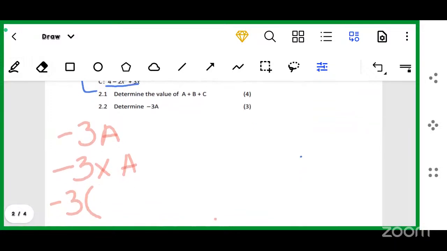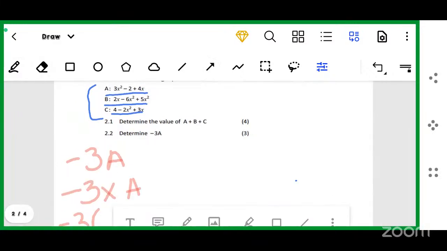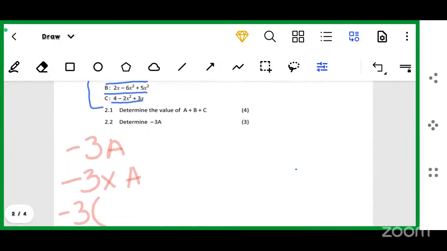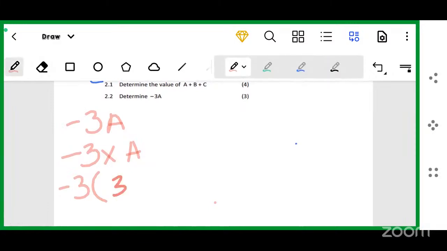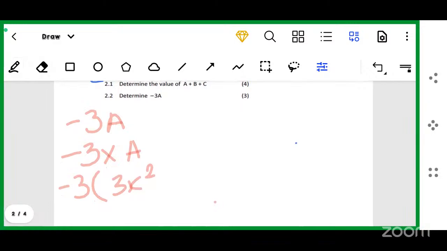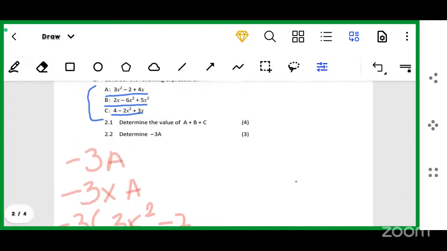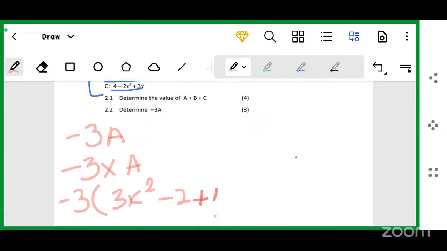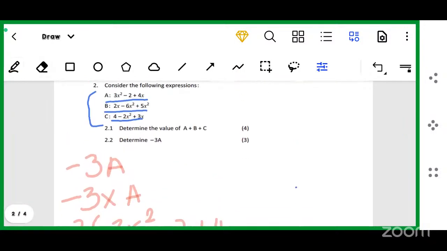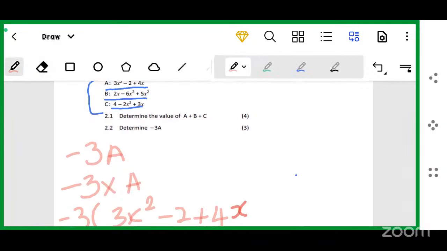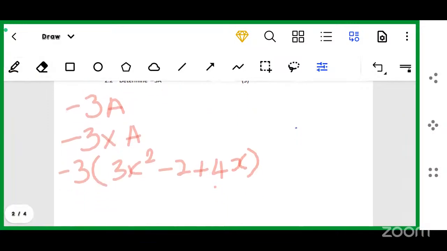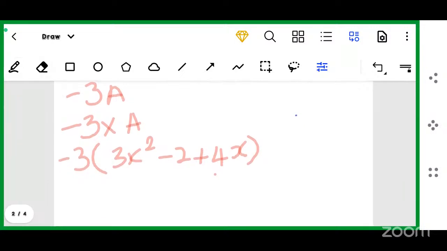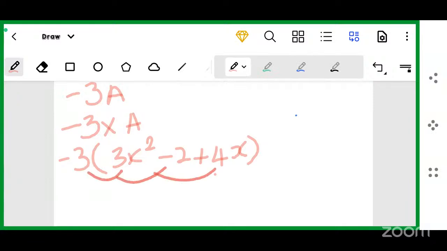So where there is an a, we write our 3x squared, minus 2, plus 4. Is it just 4? No, it's not just 4, it's 4x. So remember that each and every number or letter or sign that is outside the bracket is going to multiply each and everything that is inside the bracket.